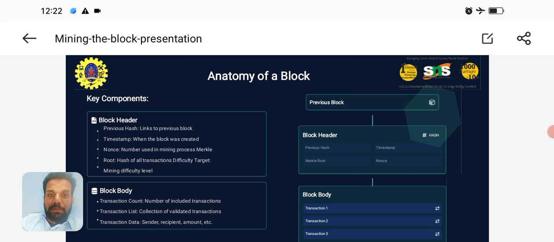Out of those three persons, the one who has the fastest computer, a supercomputer, as well as a good graphics card, will mine first. That person will do the mining process first and get the reward.